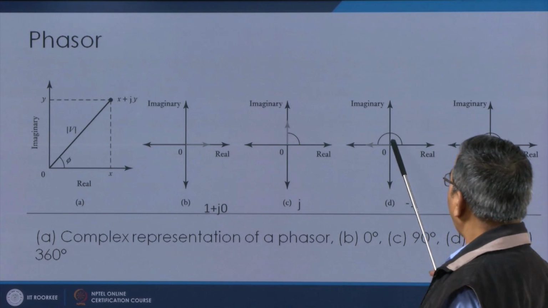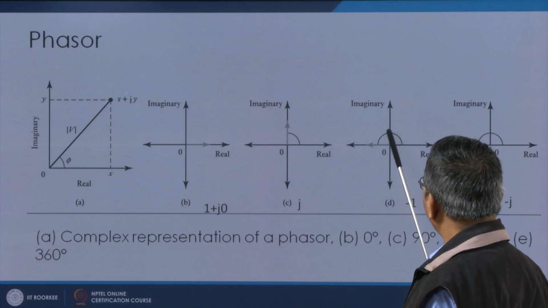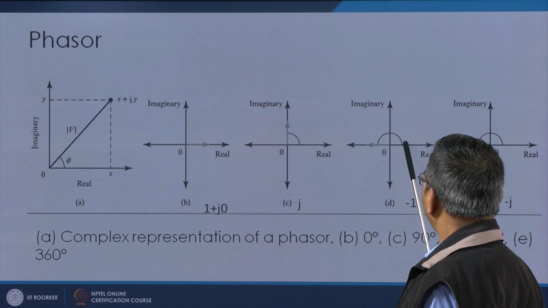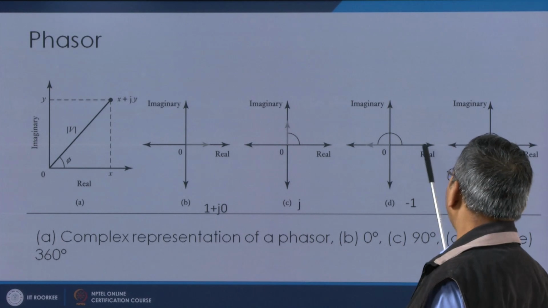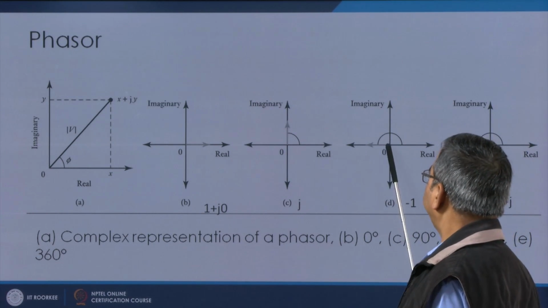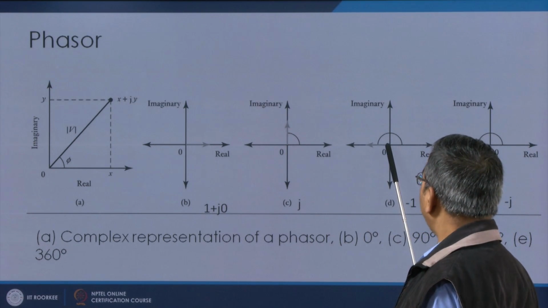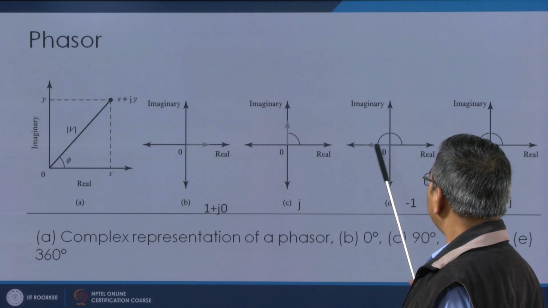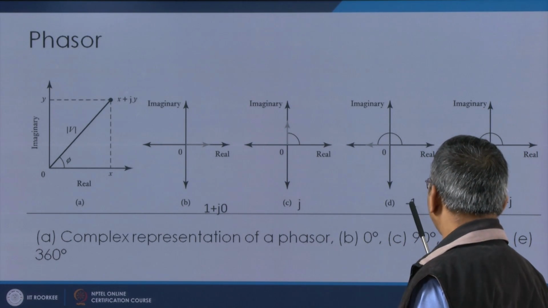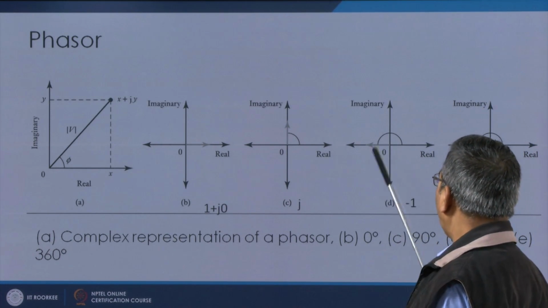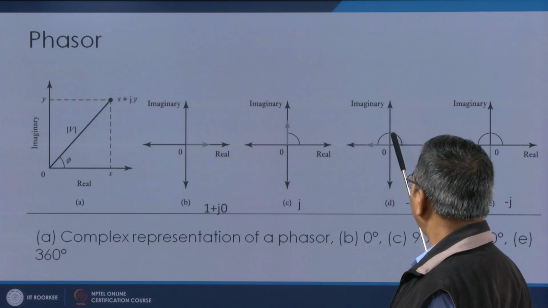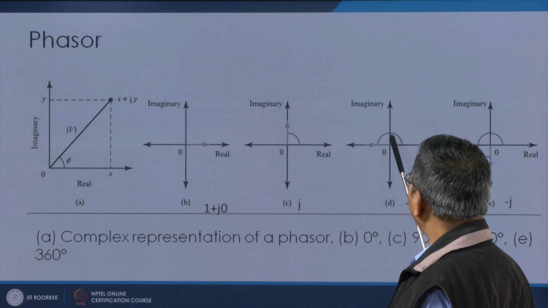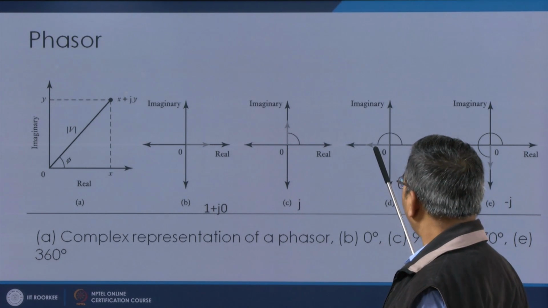Again, let us say that this phasor further turns by 90 degrees, that is, it aligns with the real axis along the negative direction here. Okay. Now, this can be represented by -1. Okay. And of course, this operation is only a 90 degree rotation with respect to the previous one.